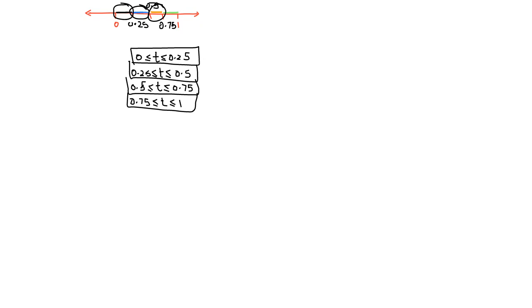For this one we have one side, for this one we have one side, for this one we have another side, and for this one we have another side. Okay, so this point is clear, how I divide the four parts of t.